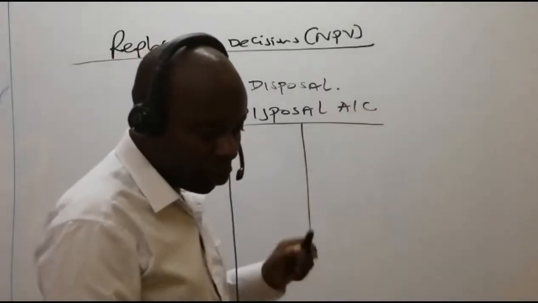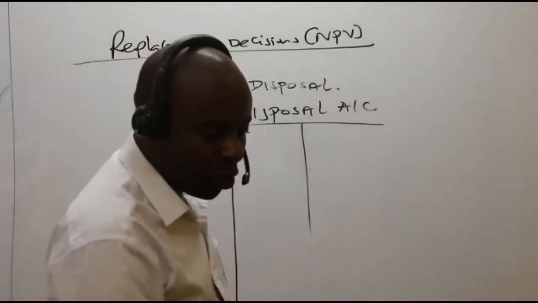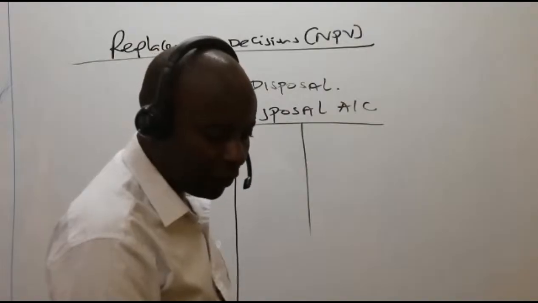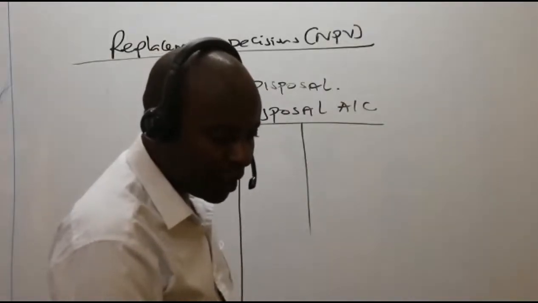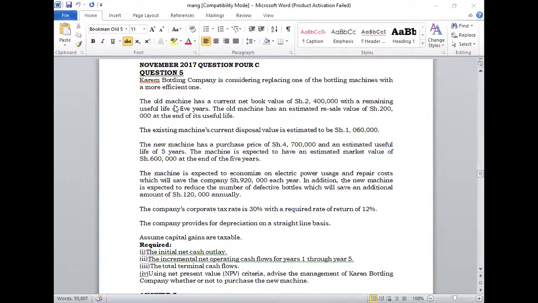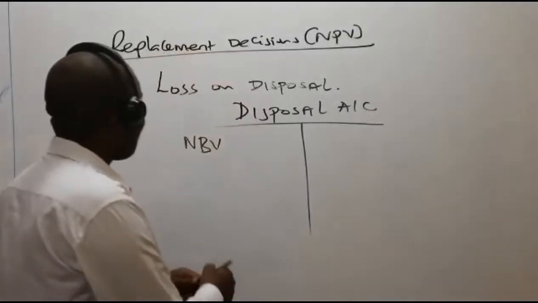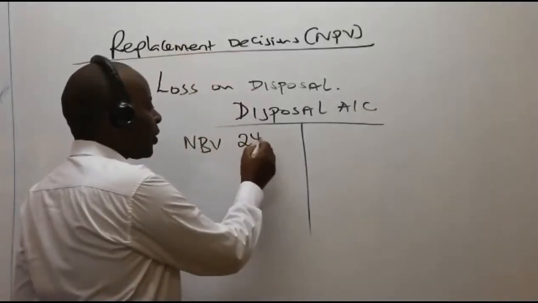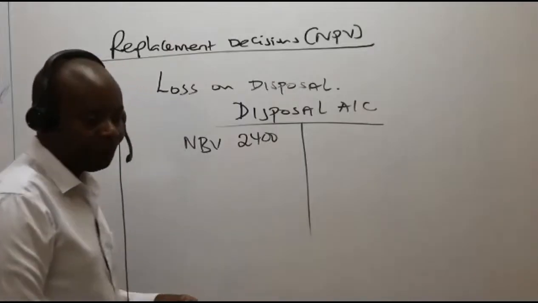Remember, disposal of the old machine. They have told us here the old machine has a current net book value of 2.4 million. So this is what I bring first here. So I'd want to put my figures in thousands. So 2,400 like that.